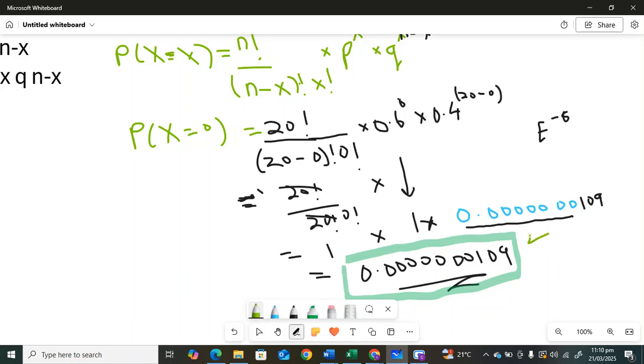Is this the probability of you understanding this topic? Yes. Okay. Any questions? Sorry, it's good to laugh at times. Any questions, colleagues?